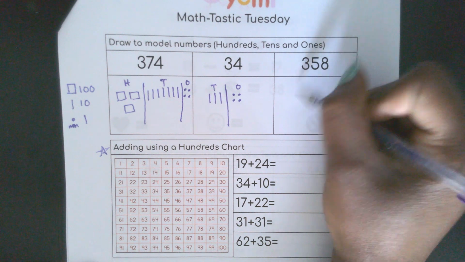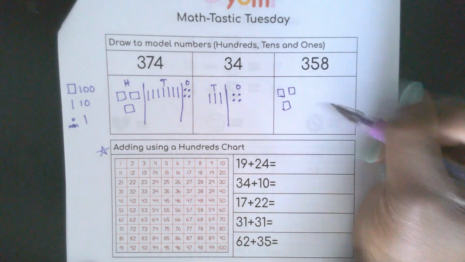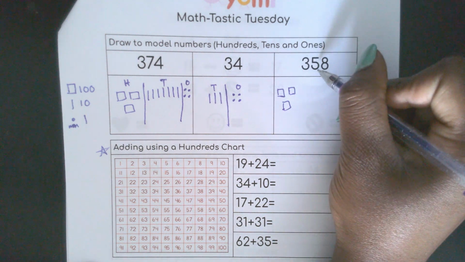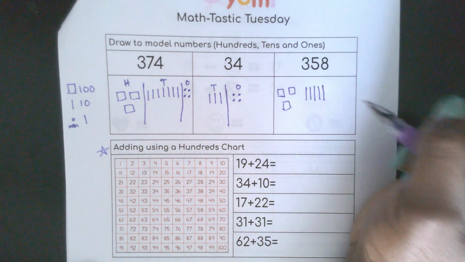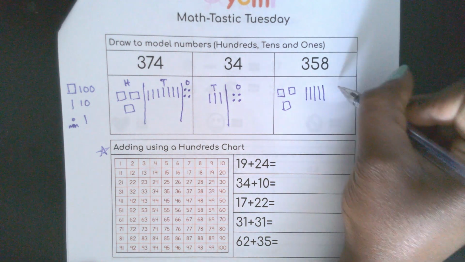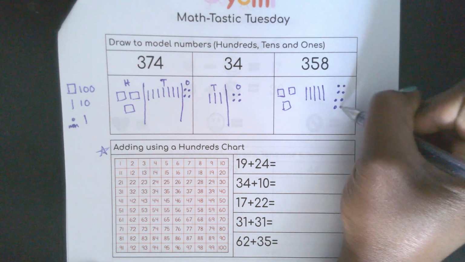So 300: 1, 2, 3. I have 5 tens, 10, 20, 30, 40, 50, and 8 ones. 1, 2, 3, 4, 5, 6, 7.